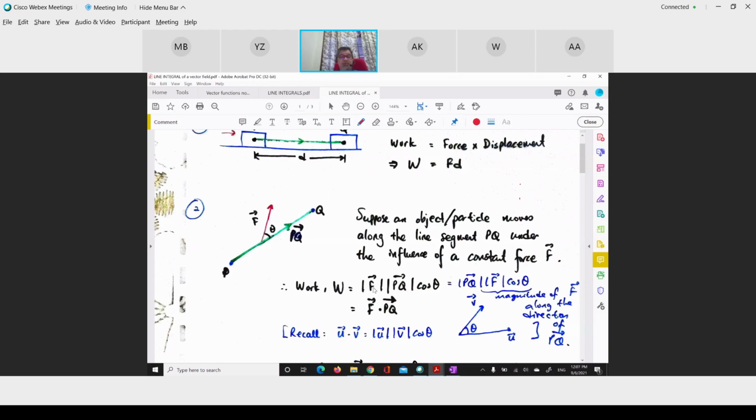PQ also has a direction. Suppose the angle between the force and the displacement vector is theta. So the work done is defined as the modulus of the force vector F times the modulus of the displacement vector PQ times cos theta, where theta is the angle.